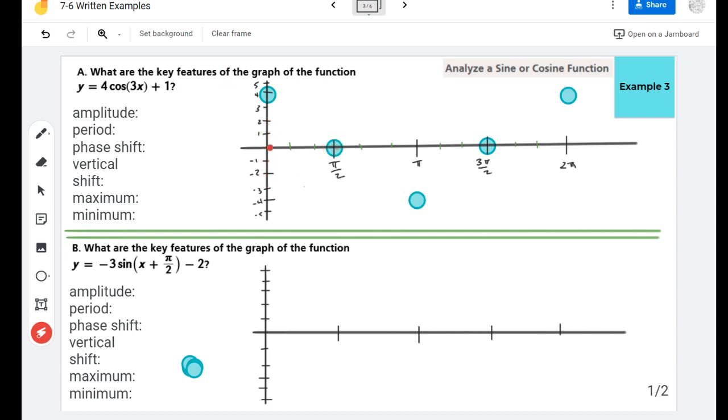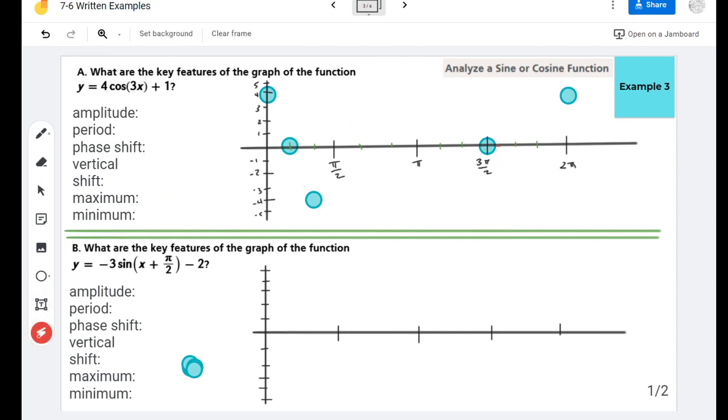Okay, so this one is 1, 2, 3 tick marks away. Now it's only going to be 1 tick mark away. This one is 3, 6 tick marks away. 6 divided by 3 is 2. So this one's now going to go here.